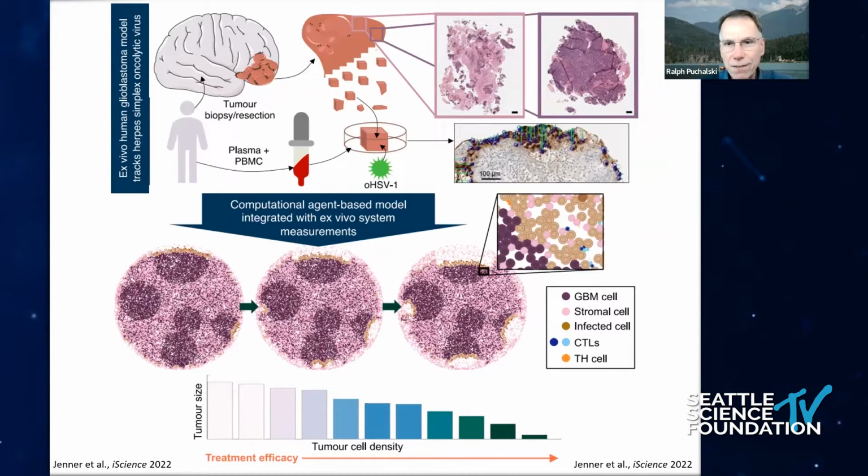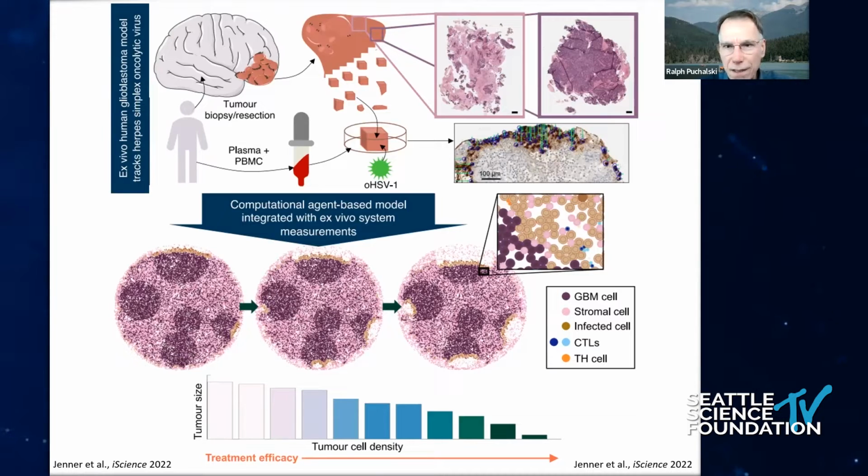So in this ex vivo platform, we cultured fragments of the tissue in the presence of PBMCs, or peripheral blood mononuclear cells. And then based on these empirical data, we built a computational model that describes this entire process.